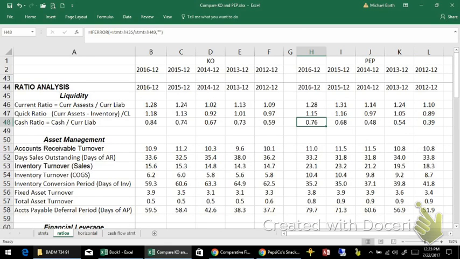And for this big leap in the last few years for Pepsi, it's because the numerator, cash, has been increasing. The current liability has been increasing, but not near as fast as the cash has been increasing. All right, so those are three of the liquidity ratios that we often encounter out there in the financial world.